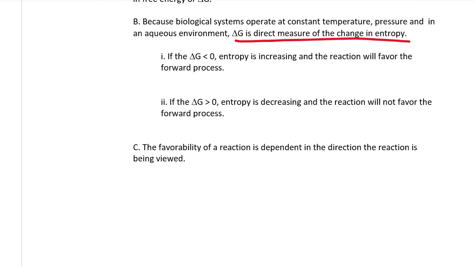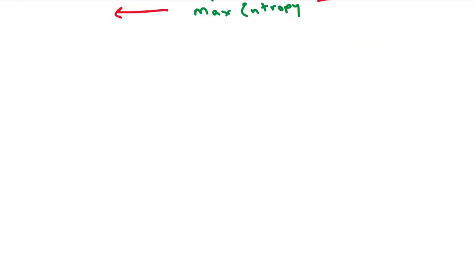Now, what about if delta G is greater than 0? Let's go ahead and draw that out too. Instead of A going to B, we're going to look at B going to A, which is the opposite of what we just did. We're looking at the reaction from a different perspective. And here's our reaction progress diagram.